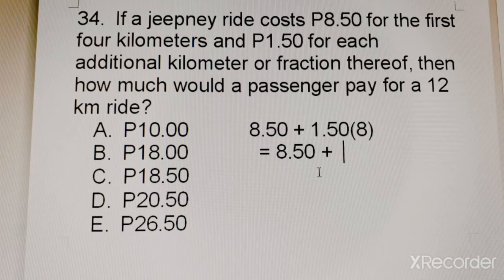So, this is 12 pesos. So, your answer is 850 plus 12 equals 2050. 20 pesos and 50 centavos. So, your answer is letter D.